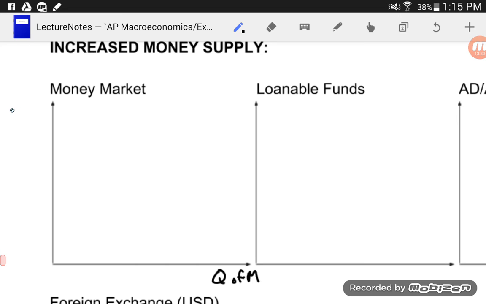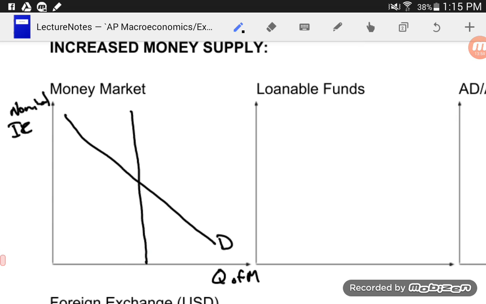Really in the money market it is the nominal interest rate. So we had a demand for money, we had a supply of money, and we had a nominal interest rate of whatever that is.